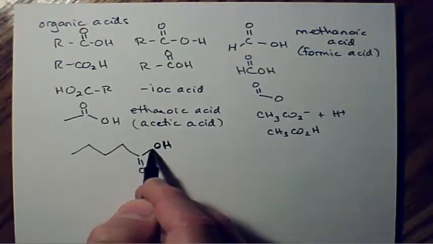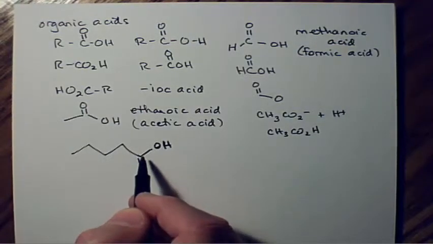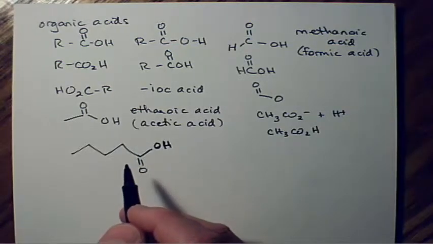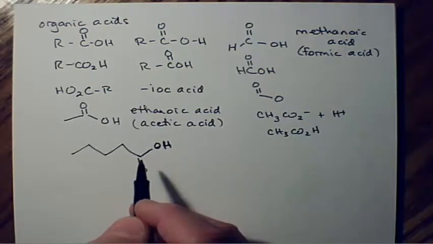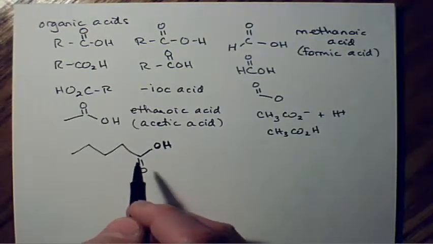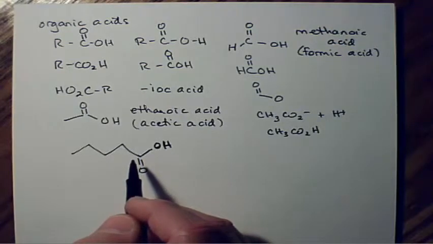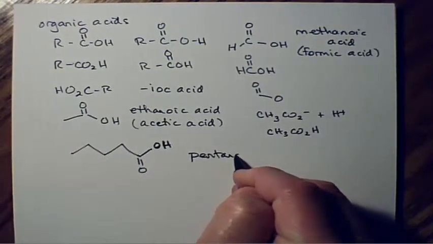There's no carbon up here. There's a carbon right here at the corner, and that would be carbon number 1, not that we have to number it, because it has to be number 1 in this case. You would only put a number on there if you had a more important functional group that would cause you to number from something other than this carbon. If it has to be carbon number 1, you don't need to put a 1 next to it. So this would be called pentanoic acid.